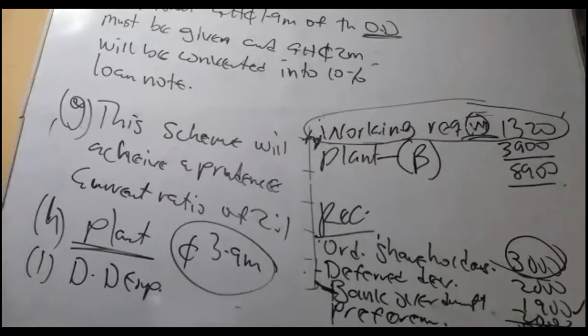Then you go to the assets. The assets must be stated at what? Their liquidated values, for non-current assets and current assets. I'm confused. I thought we said we take the fair value for reconstruction.